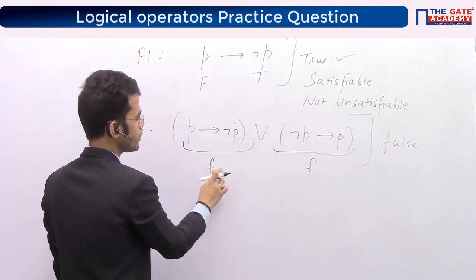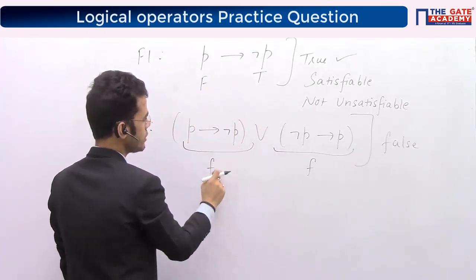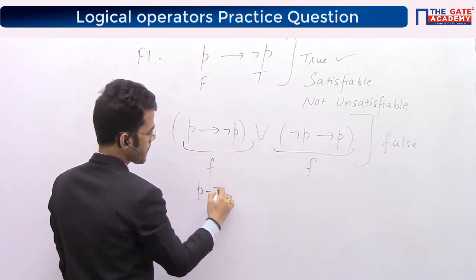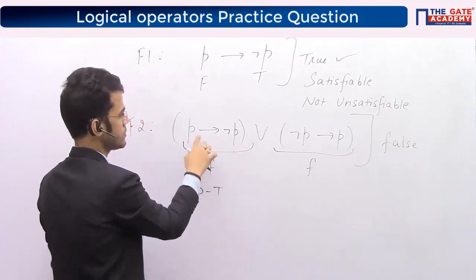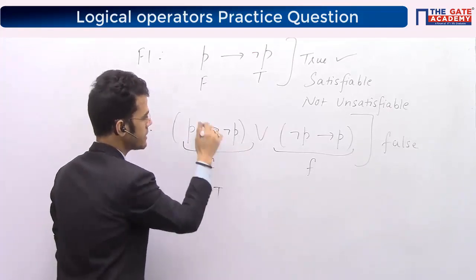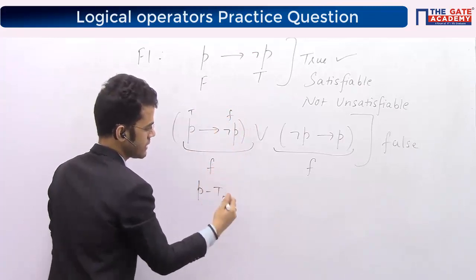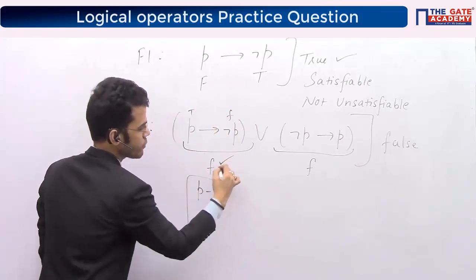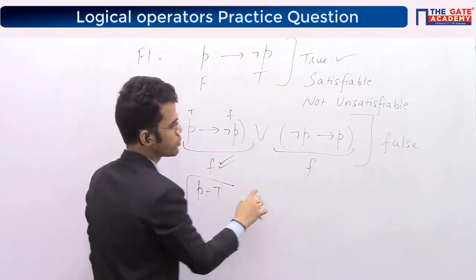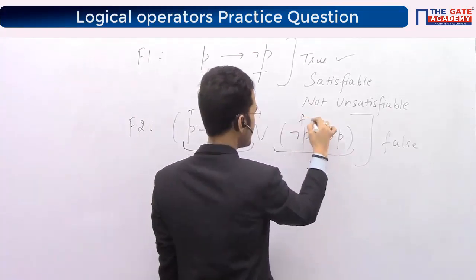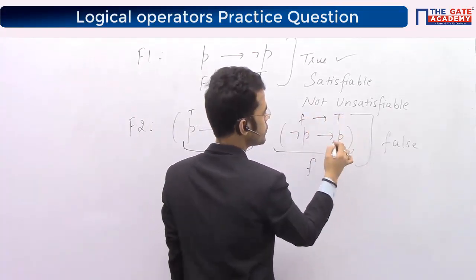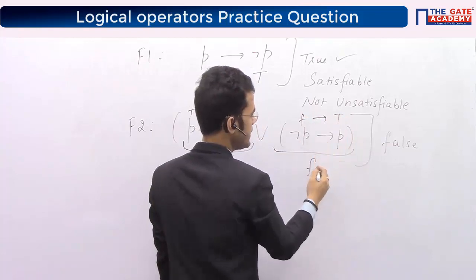So when will this become false? True implies false will give me false. So P should be true, and negation P will become false. Automatically, P true, negation P false, so true implies false gives false. With this, false has come. Now let's see, P is true, negation P is false, and false implies true will give me true.